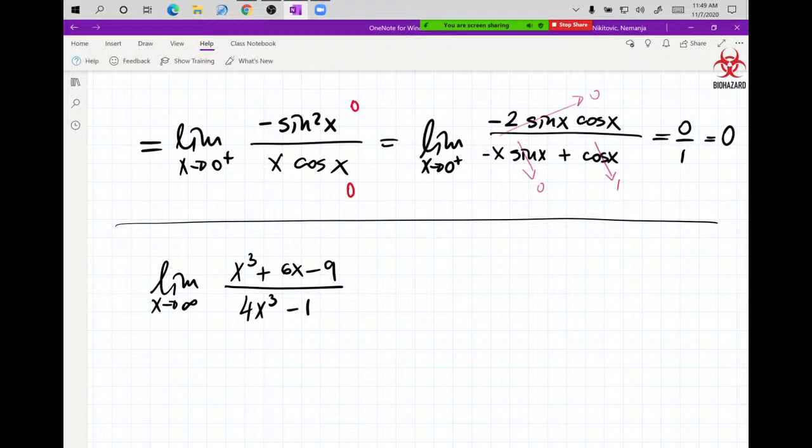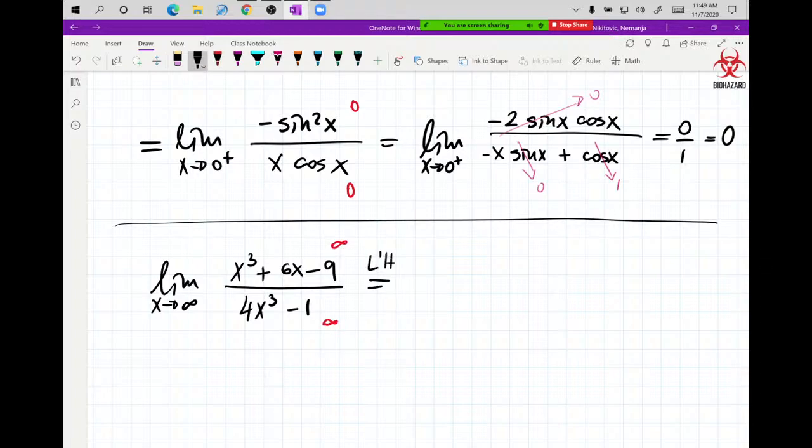So this is actually infinity over infinity, and we can use L'Hopital's rule to come up with 3x squared plus 6 divided by 12x squared.